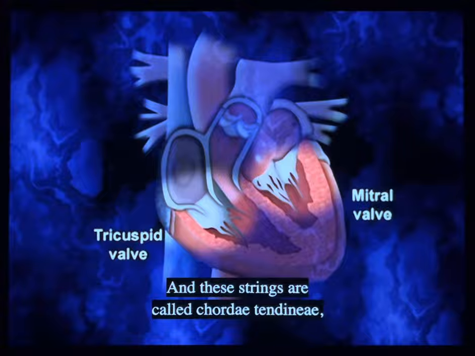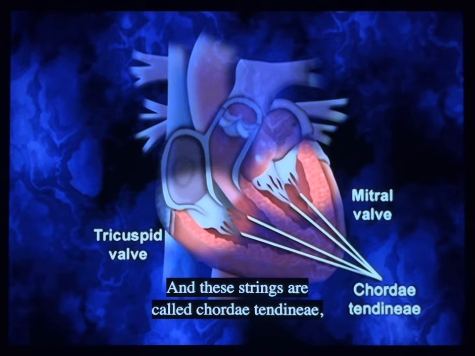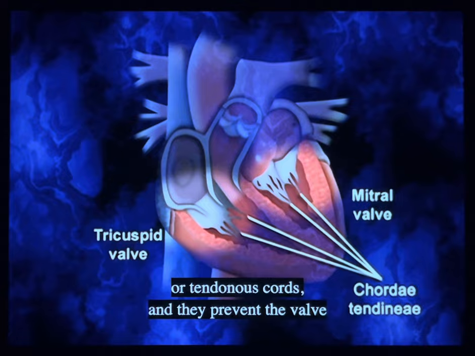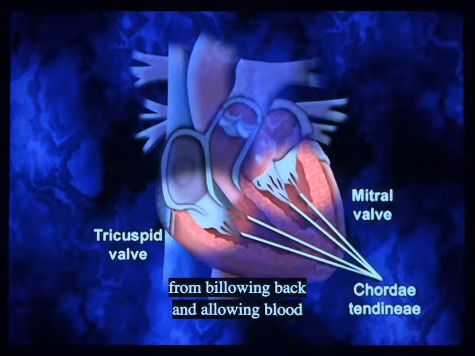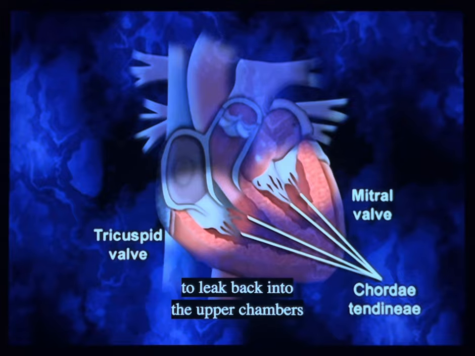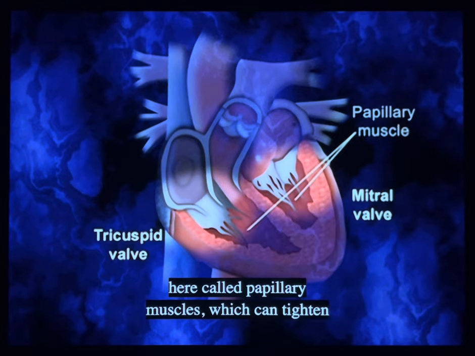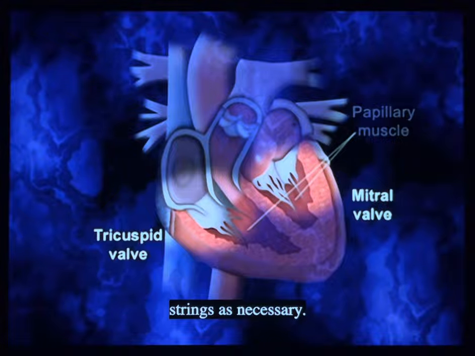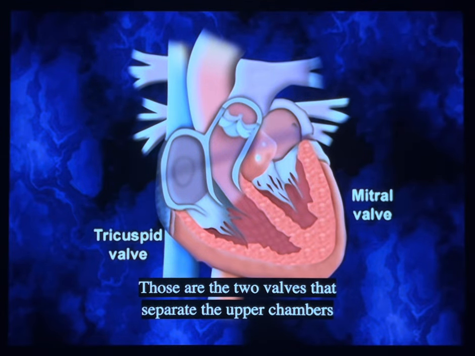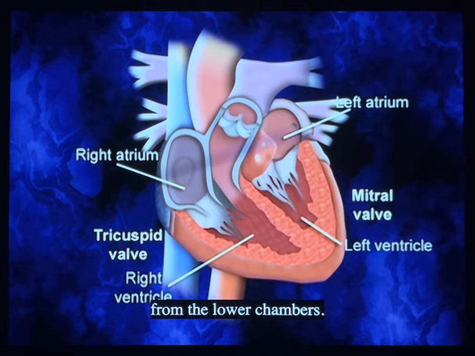And these strings are called chordae tendineae, or tendinous cords, and they prevent the valve from billowing back and allowing blood to leak back into the upper chambers during the contraction phase of the ventricle. They also have little muscles down here called papillary muscles, which can tighten these strings as necessary. Those are the two valves that separate the upper chambers from the lower chambers.